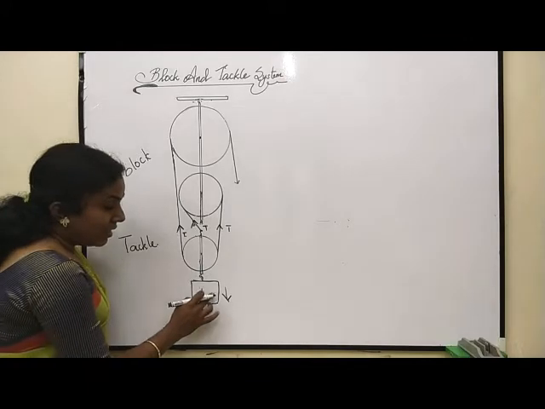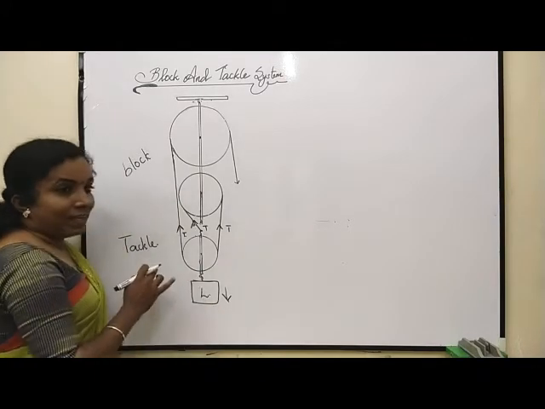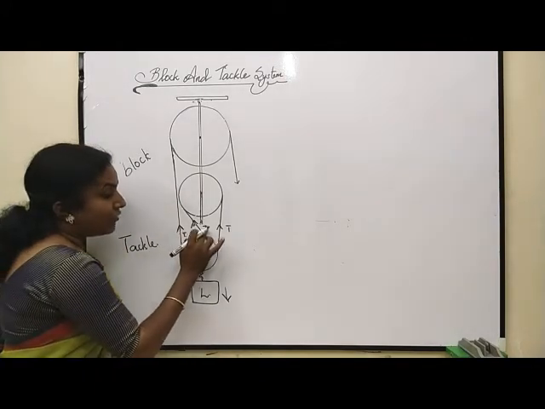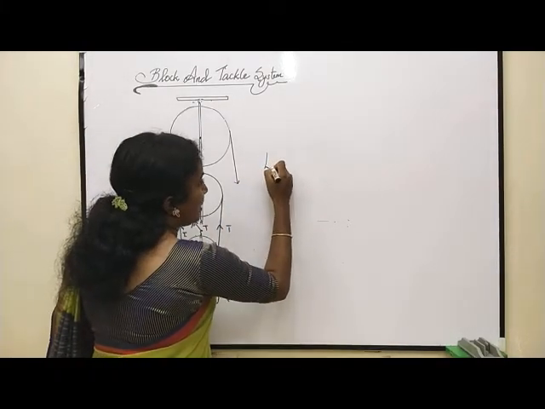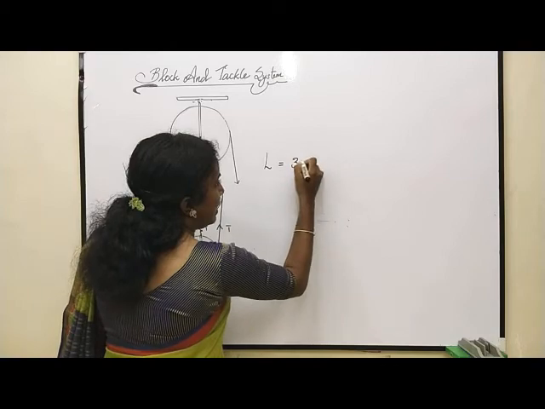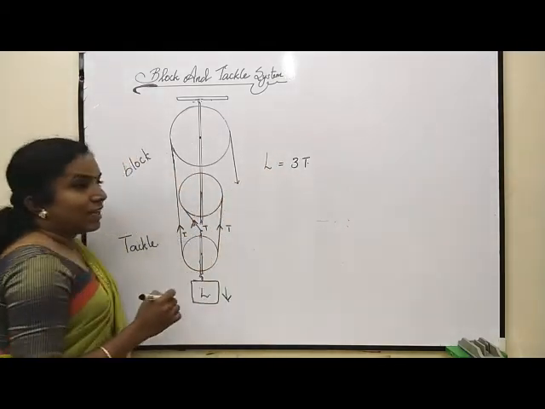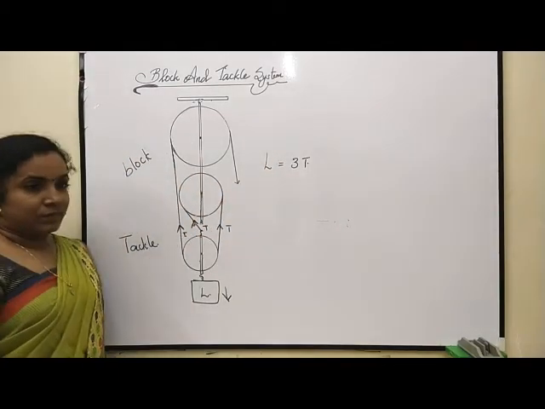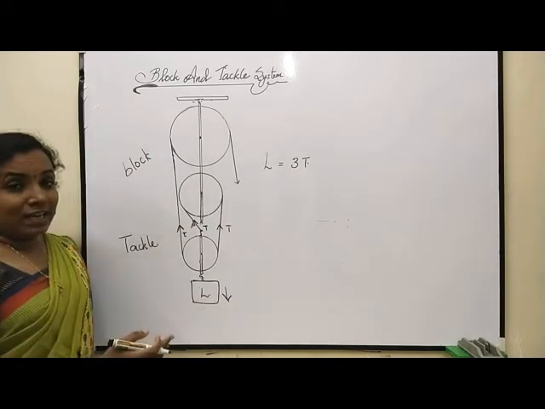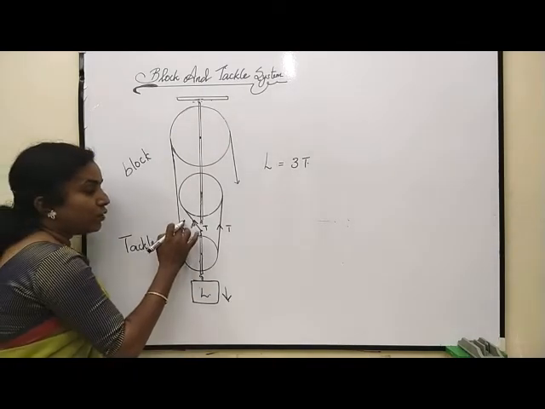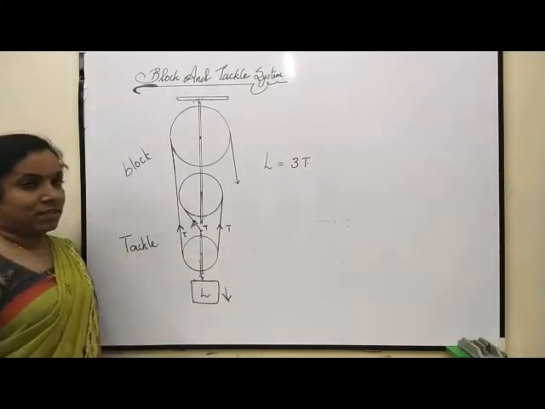So here the load is supported by the tension of 3 strands. Hence, load is equal to 3T, or 3 times the tension, because the weight of the load is equally distributed to these 3 strands.